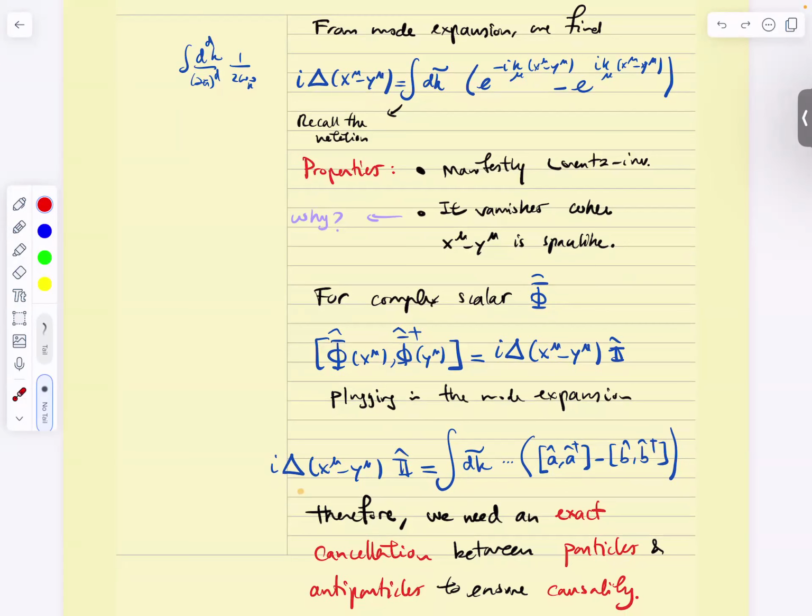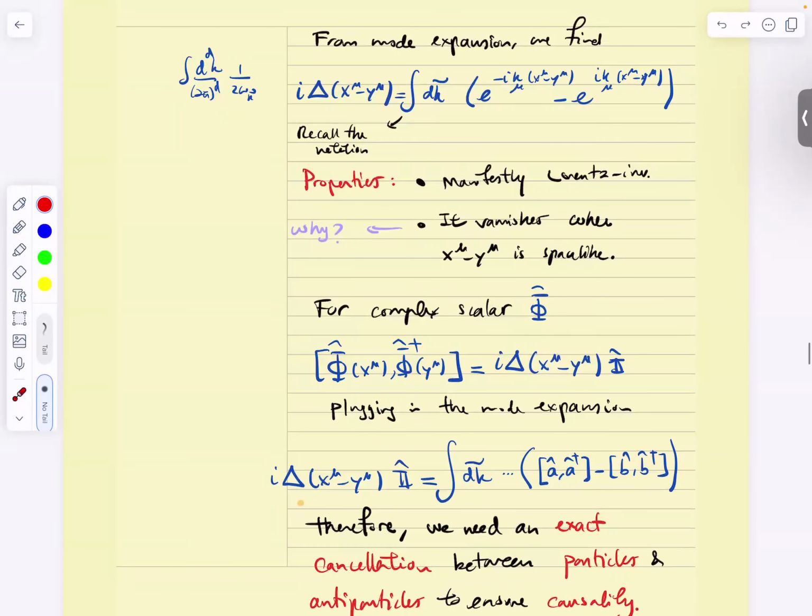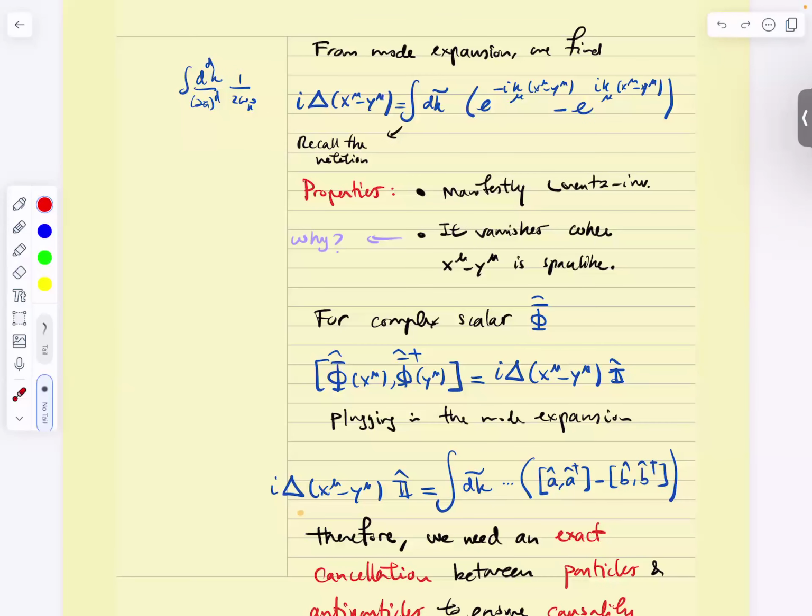The commutator vanishes when x mu minus y mu is space-like. Can you see why this expression vanishes when x mu minus y mu is space-like?